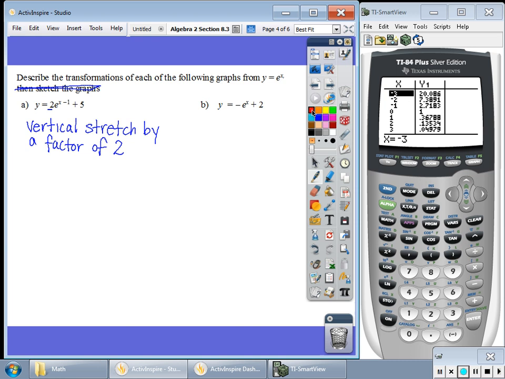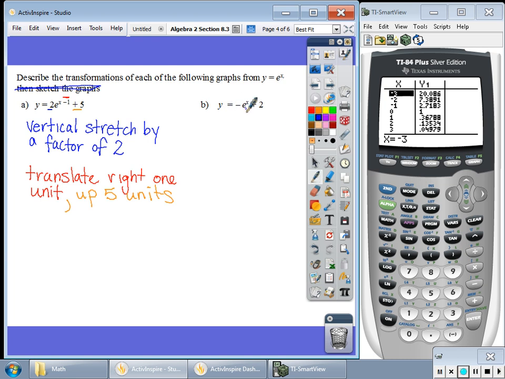Because of the -1 right here, subtracting 1 on the inside, that is a translate or a shift right 1 unit. And then because of the +5 on the outside, that is translate up 5 units. Okay, so vertical stretch by a factor of 2, translate right 1 unit, up 5 units.